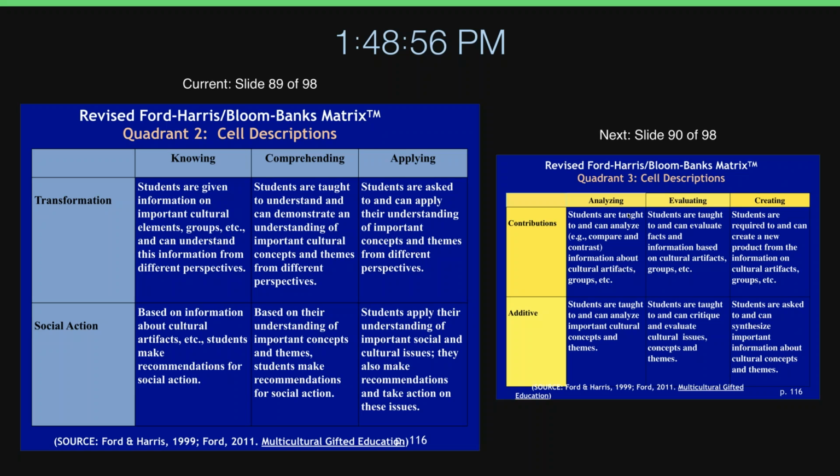So students are taught to understand, and they can demonstrate their understanding of important cultural concepts, themes, etc., from different perspectives. All right, from the perspective of someone else, through the eyes of someone else.